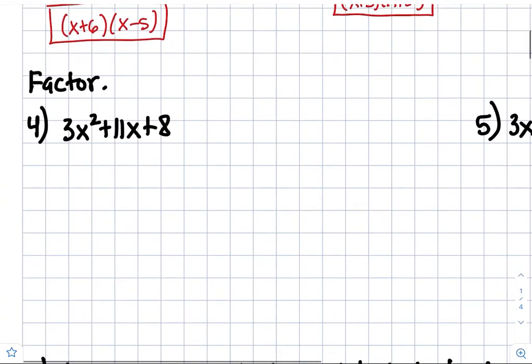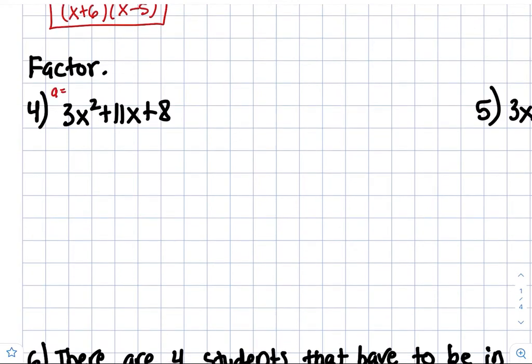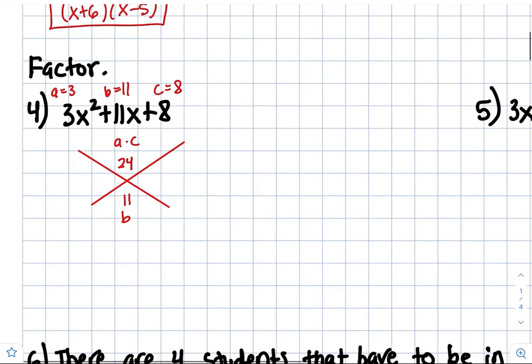Okay, onto 4. Now we have A is equal to 3, B is equal to 11, and C is equal to 8. X method, A times C up top, B on the bottom. A times C is 3 times 8, for 24, and B value is 11. Two things that multiply to 24, but when added together give you 11, is 8 and 3.